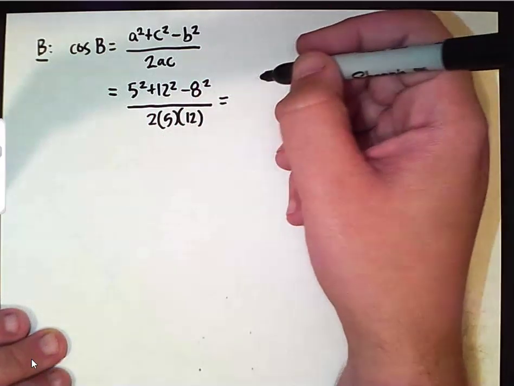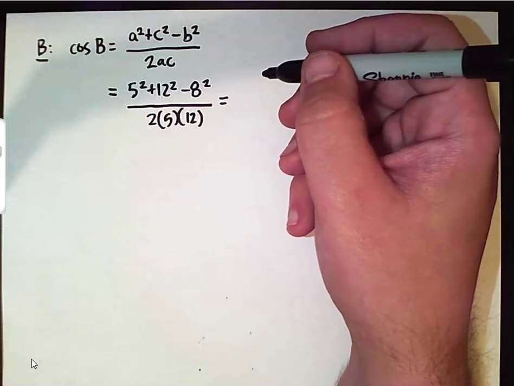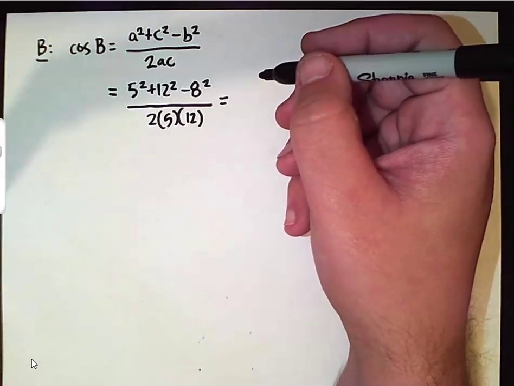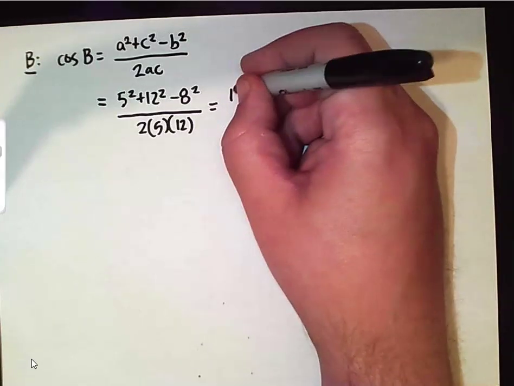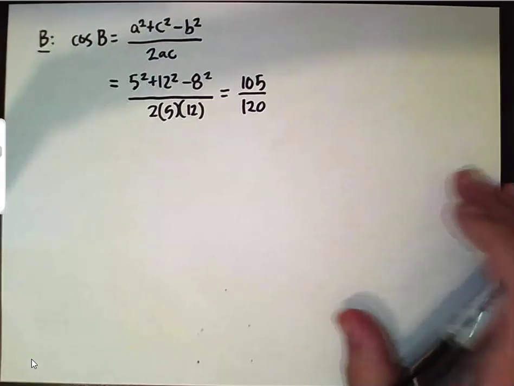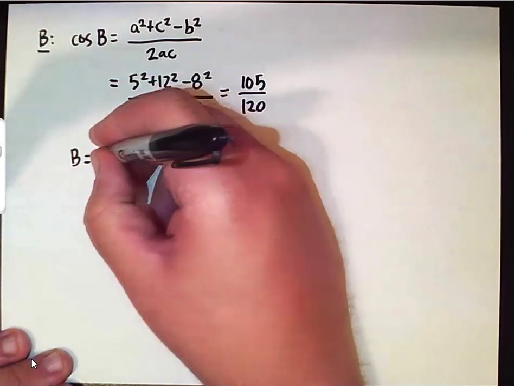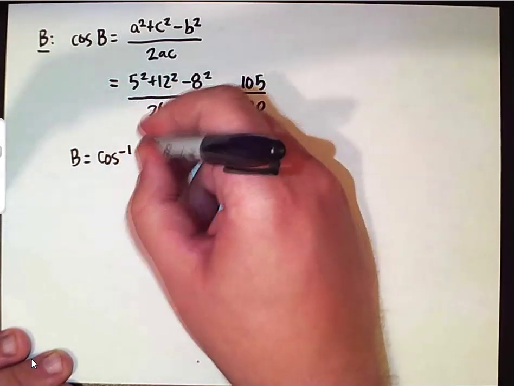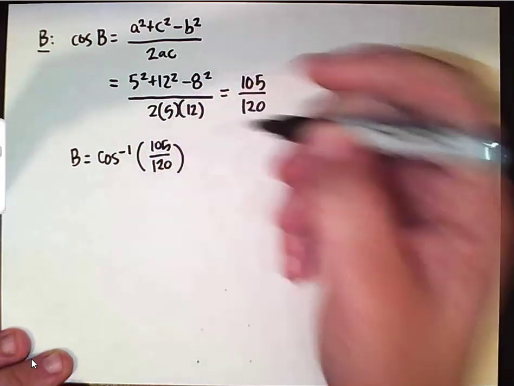So that's going to be 5 squared is 25, 12 squared is 144, minus 64 is going to be 105 over 120. So that's what cosine B is equal to. So therefore, angle B is going to be equal to the inverse cosine of whatever 105 over 120 is.